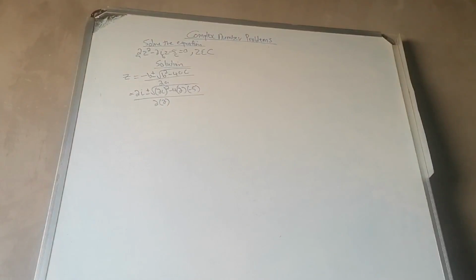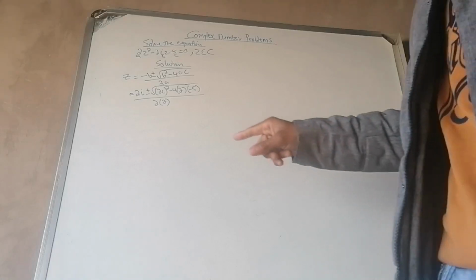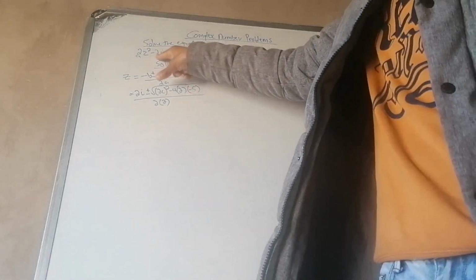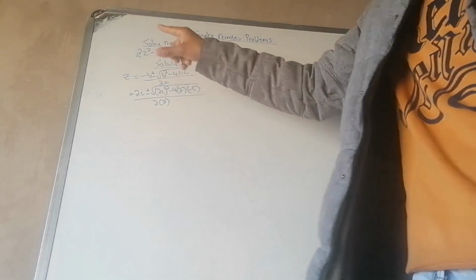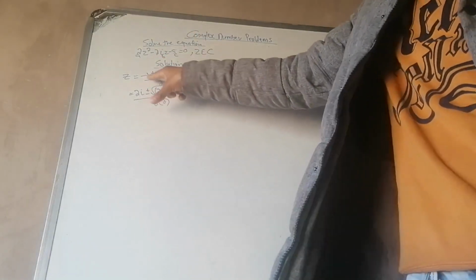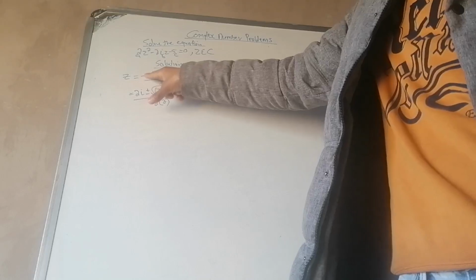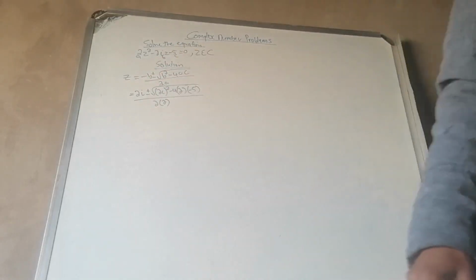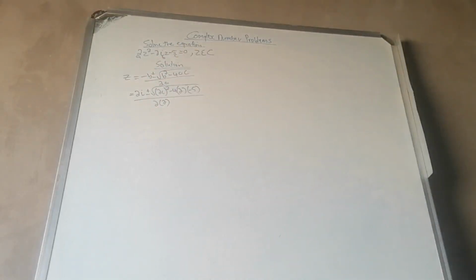Something worthy of noting: the formula says minus b, and your b is negative 2i, hence negative times a negative should give you a positive, because we have 2z squared minus 2iz minus 5 equals 0, and by quadratic, that is exactly what we will have.